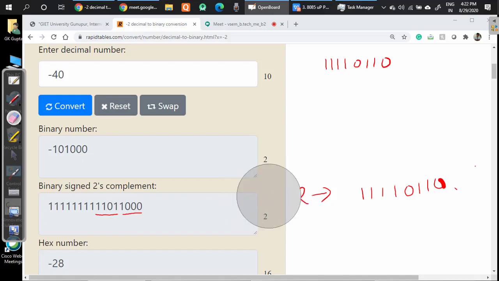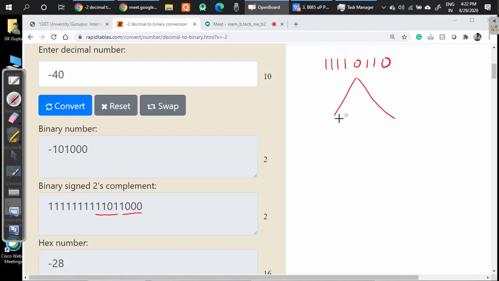Now this result, as I said, will give me two kinds of information. One is the data, and the second is the nature. What is the meaning of nature, that we are going to investigate. This nature is actually defined inside the flag register.